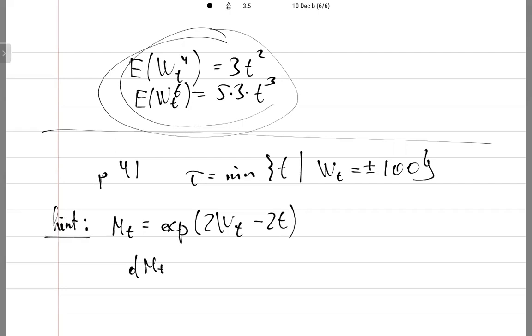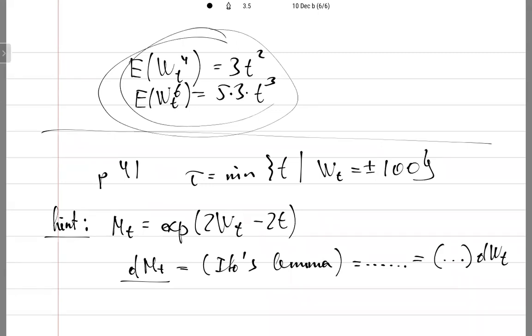Our time is up, but very fast: dM_t, you use Ito's lemma and it happens to be a martingale. If you just apply Ito's lemma to M_t, you will see that it's a martingale. It's a plan of attack, not a full solution, because I have other classes.